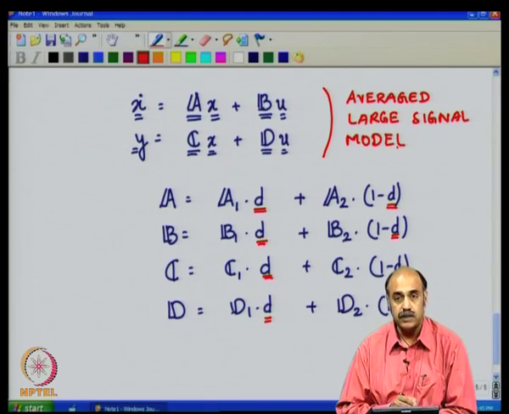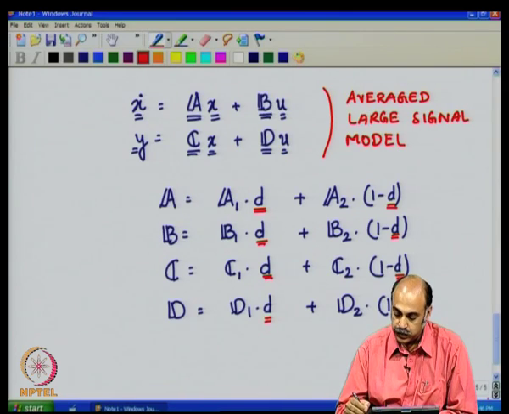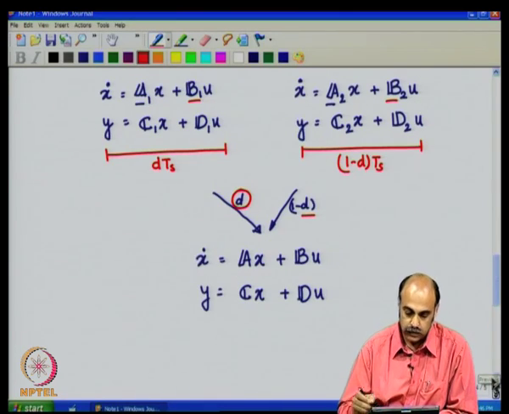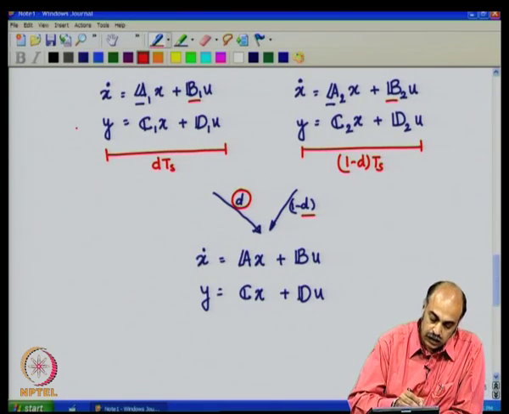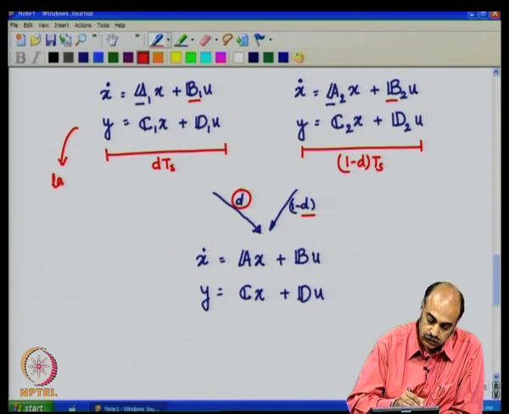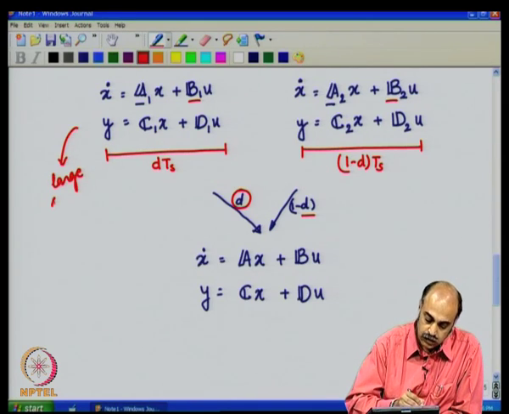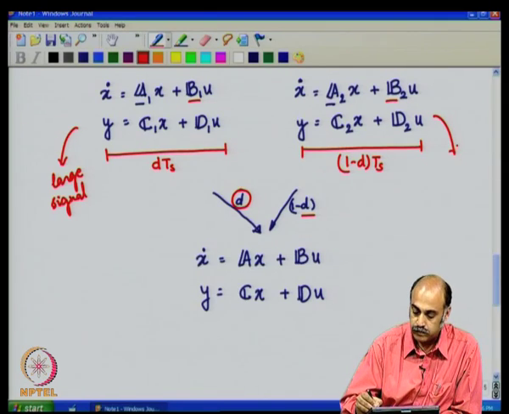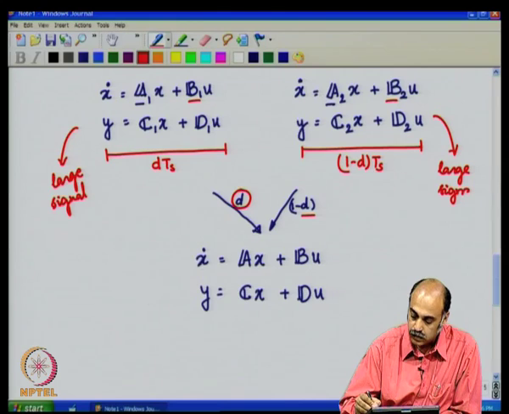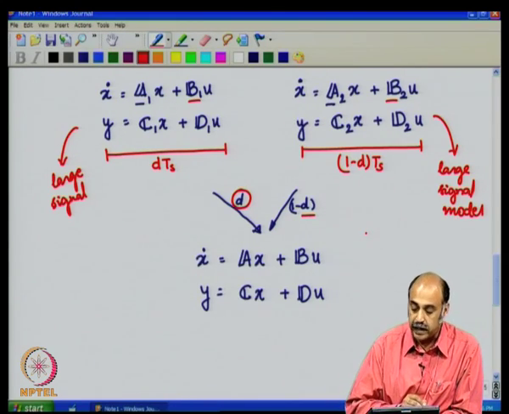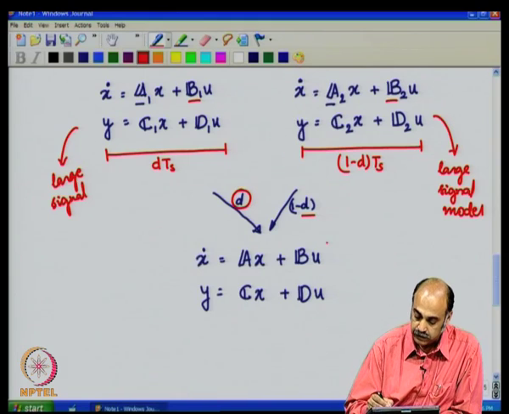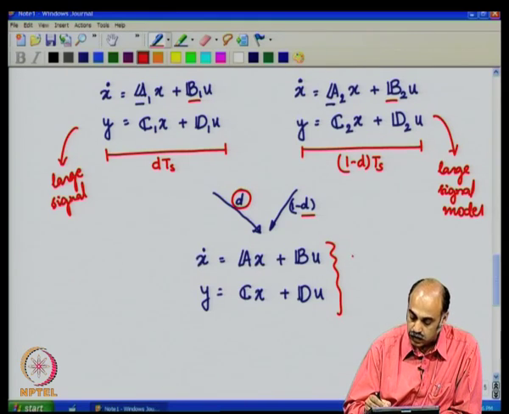So, we began with the large signal model, which is this. This is the large signal model, and also this is a large signal model. These two have been combined together by weighted averaging, and this is called the averaged large signal model.